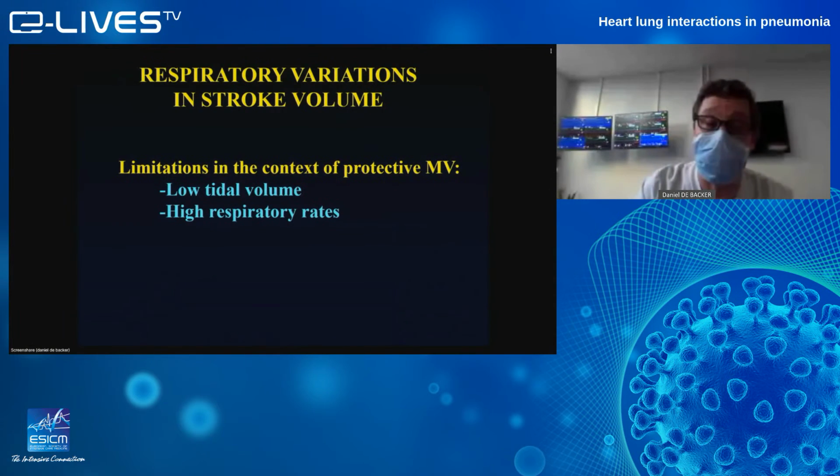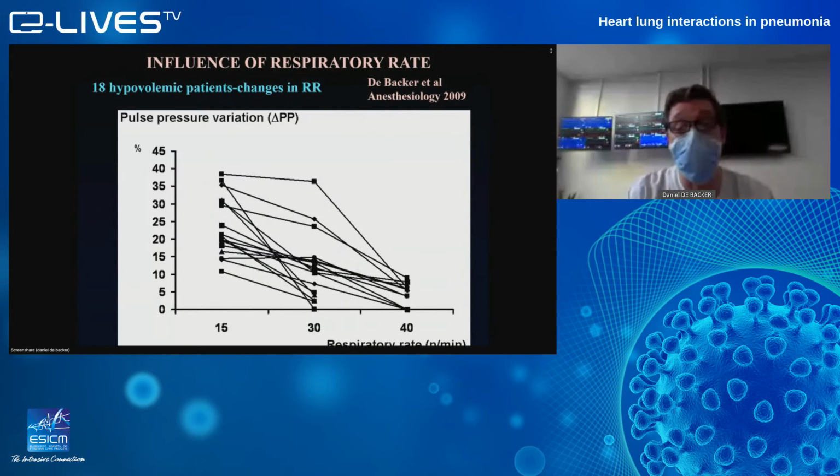High respiratory rates are also a way to unfortunately lose the predictive value. Here, without changing the I to E ratio, we change the respiratory rate from 15 to 30, and several patients here already at 30 have no more pulse pressure variations. And of course, these were totally lost at 40.